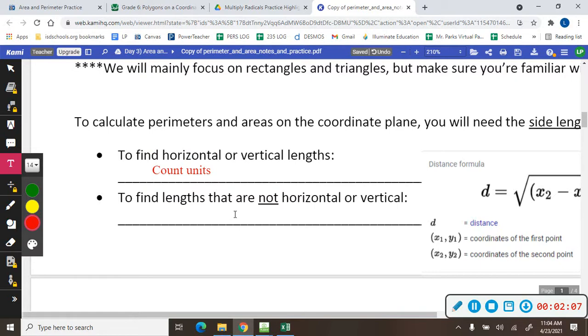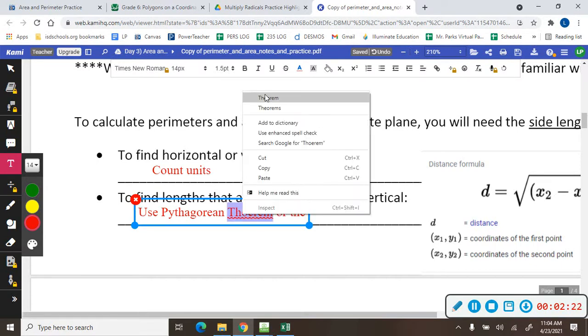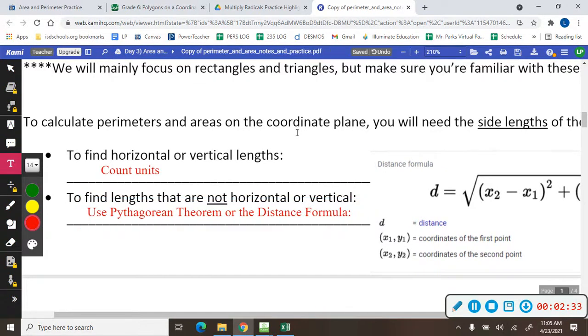To find lengths that are not horizontal or vertical, you're going to use the Pythagorean Theorem or the distance formula, which are the same thing. And I copied and pasted the distance formula.